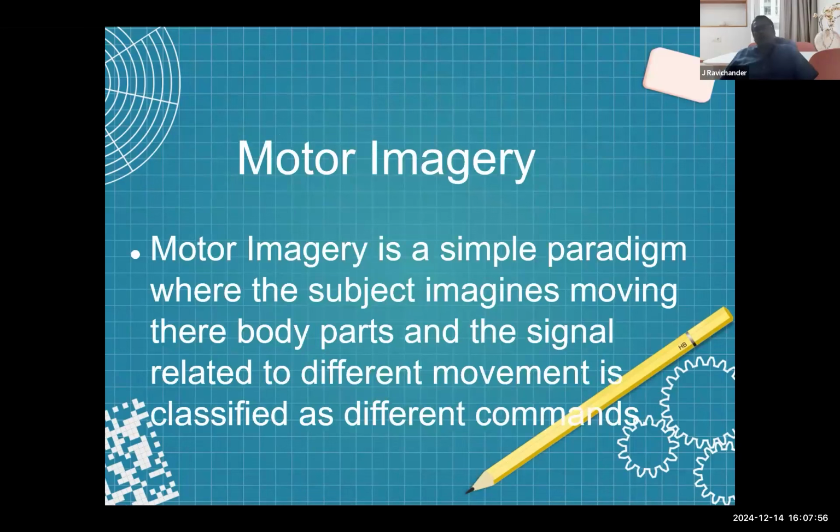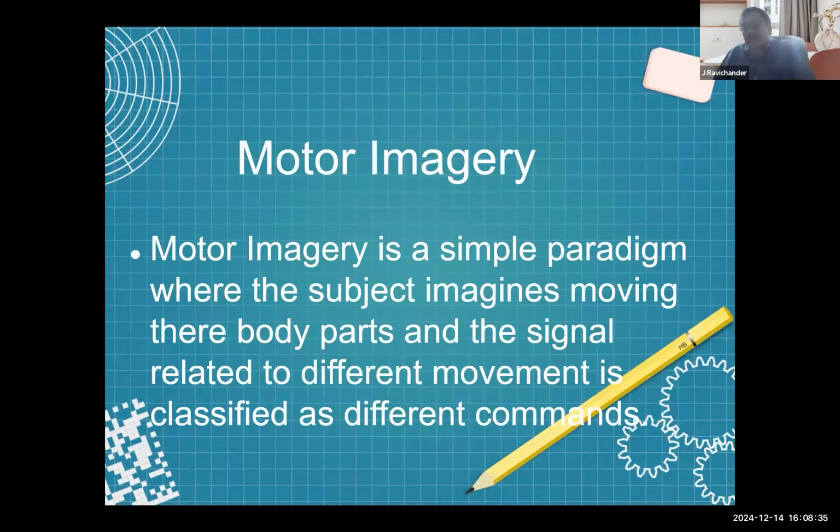Next, another paradigm is the motor imagery paradigm. Motor imagery is a simple paradigm. Just now we discussed one person imagining closing the right hand and releasing it. When he imagines or visualizes closing that hand, it generates one particular type of signal.